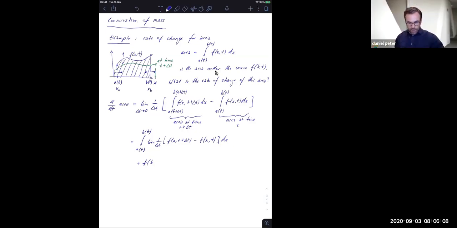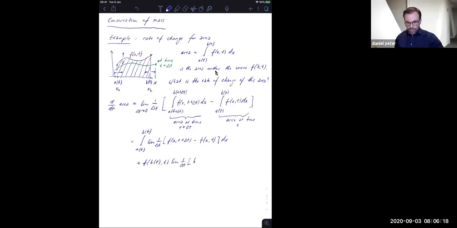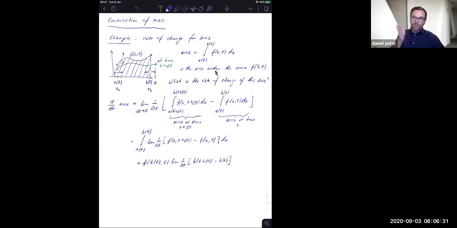Then we have the function at that position, and then we have the limit of b of t plus delta t minus b of t. So that would be the rate of change on the right side, where we have b of t.